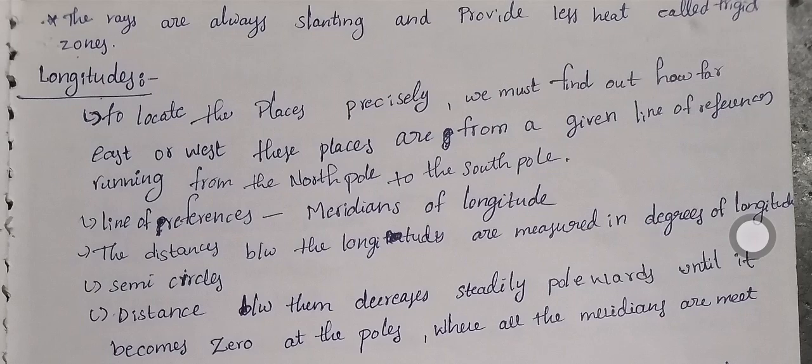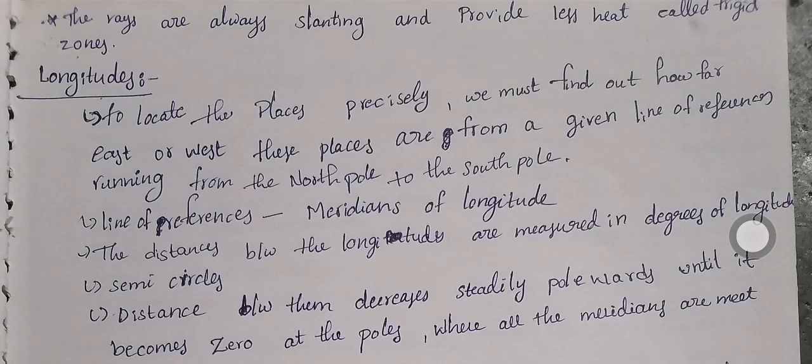Longitudes. If you want to locate a place exactly on the earth or globe, we need other lines of reference running from the North Pole to the South Pole.